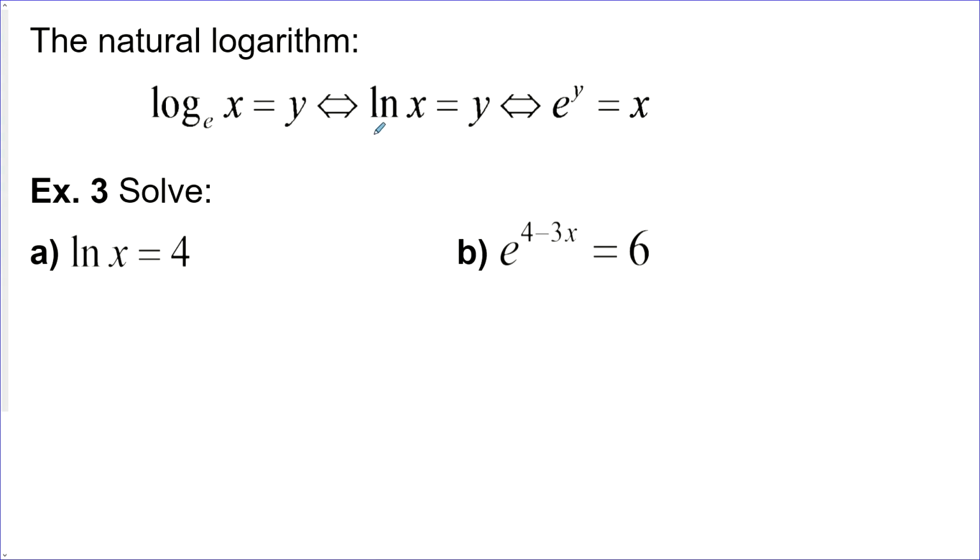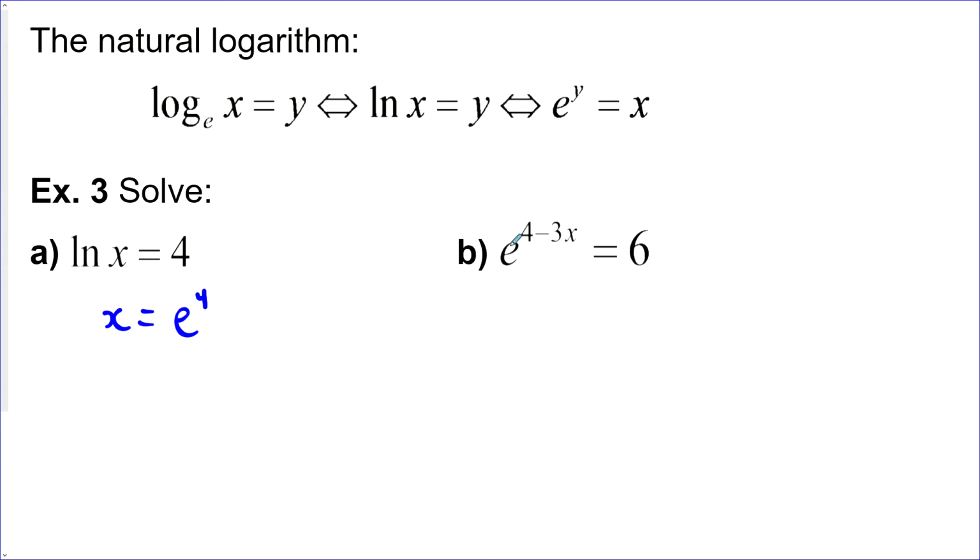Now, some people call this ln, or just logarithm natural. But if we rewrite it into exponential form, that's what it would look like. Let's solve these ones here for x. So our base is e, and our exponent is 4, and it would be x equals e to the power 4.